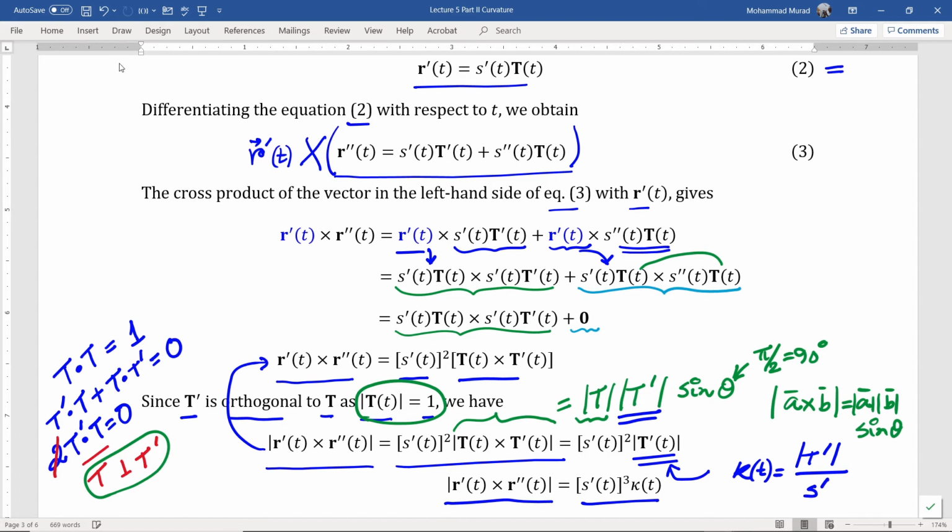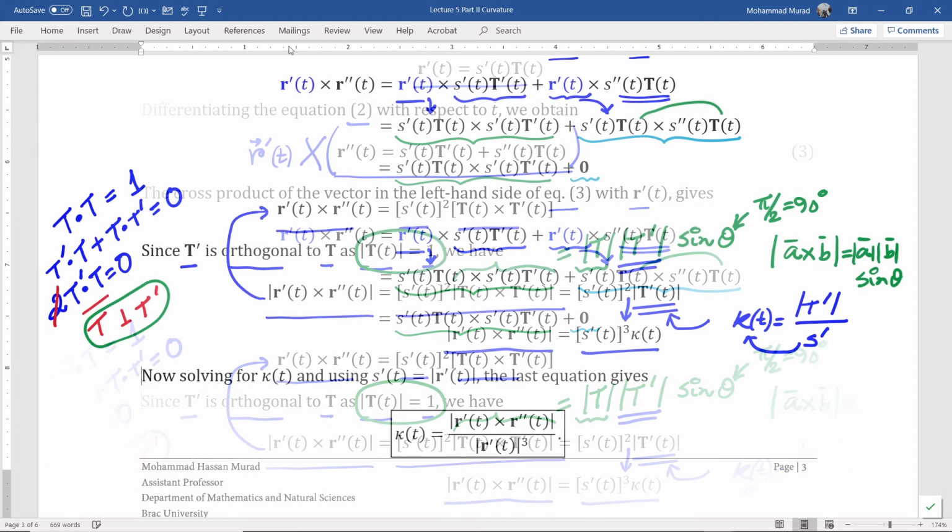So the magnitude of t prime is kappa times s prime. So we have one more factor of s prime, and we have a kappa. Now if we solve the equation for kappa, we get the required expression as shown below.